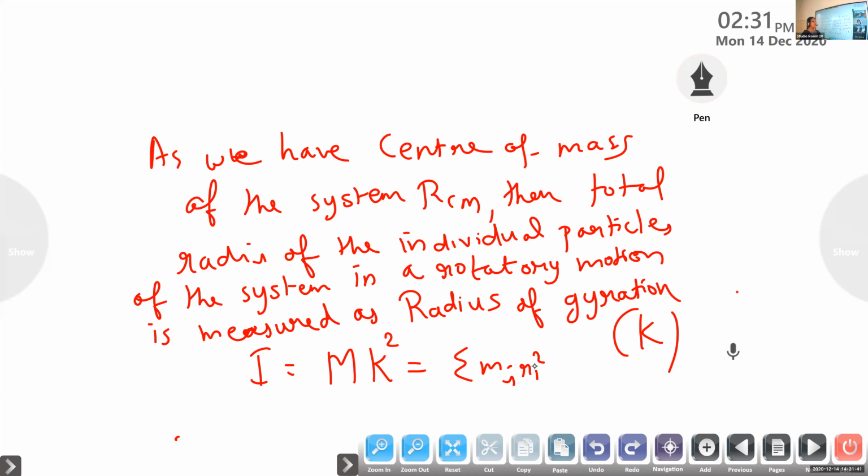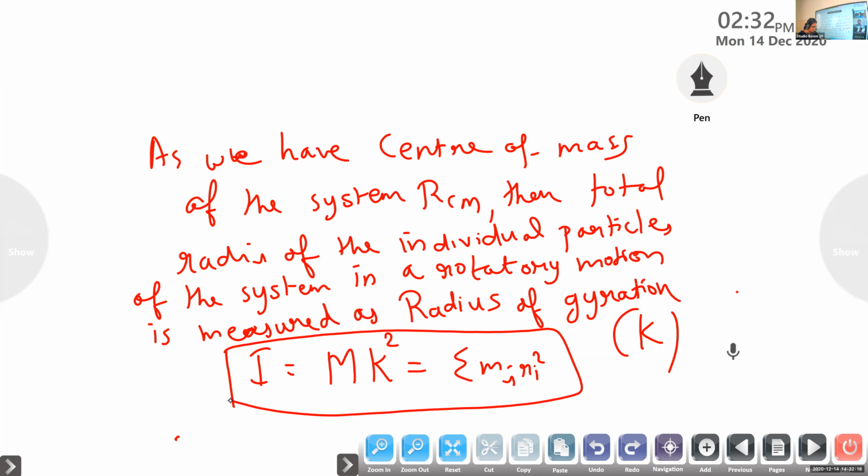That total of the individual particle radii we represent as one term, the radius of gyration. In circular motion, R is the radius, so instead of R we can represent K. In that case, moment of inertia I is equal to MK squared. So that is why I tried to say this.